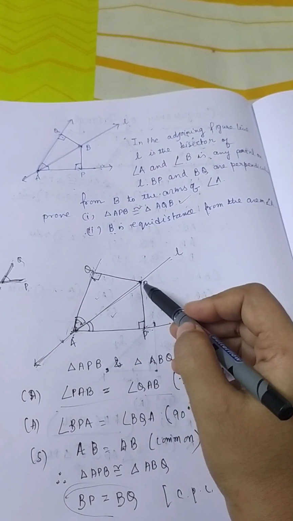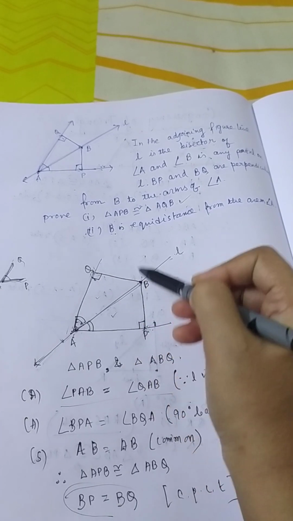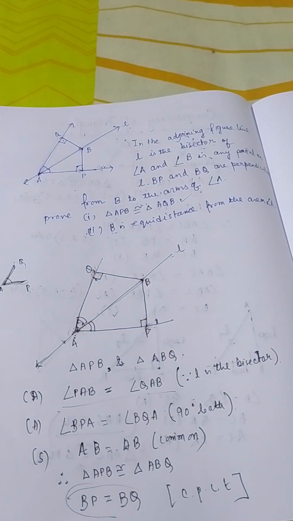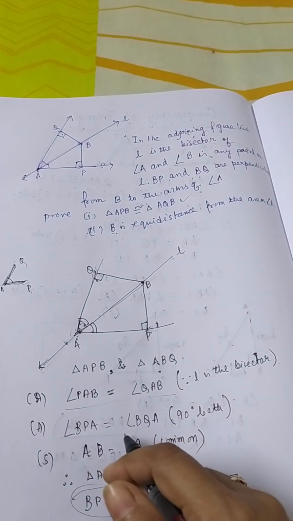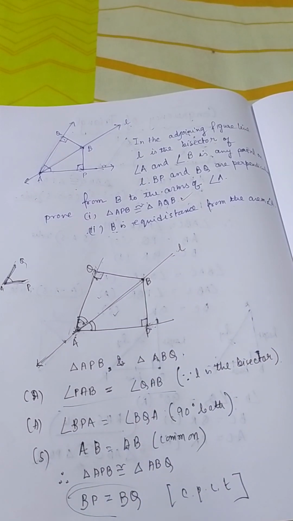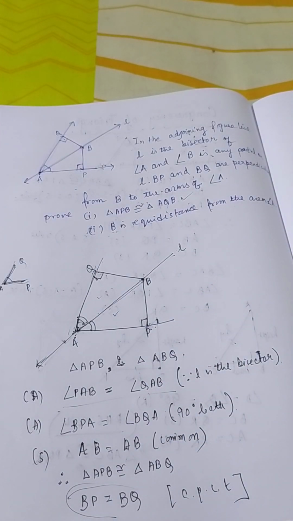So if I prove that BP is equal to BQ, then only I can say that B is equidistant from the arms of angle A. After proving the congruency of these two triangles as per the CPCT rule, I can tell that BP is equal to BQ.